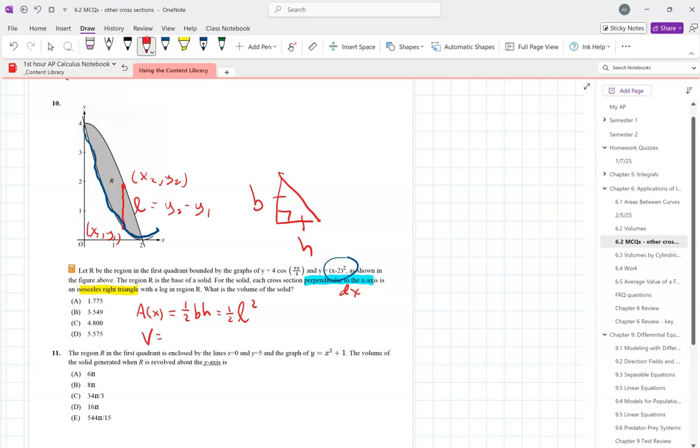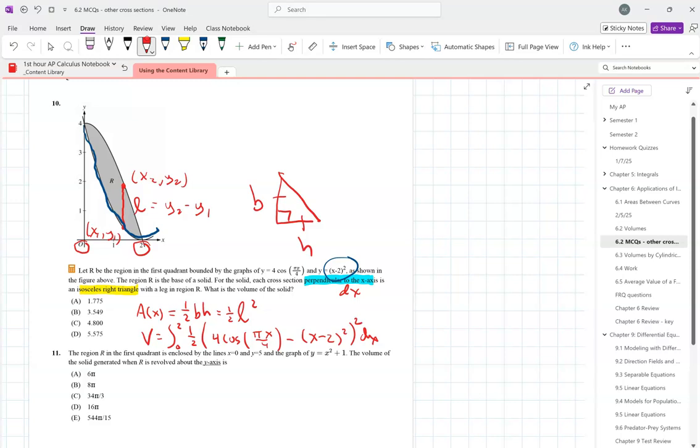So my volume is just going to be the integral, since we're going along the x-axis, from 0 to 2, of 1/2 times y2, which is my cosine function, minus y1, which is my quadratic function, squared, dx.